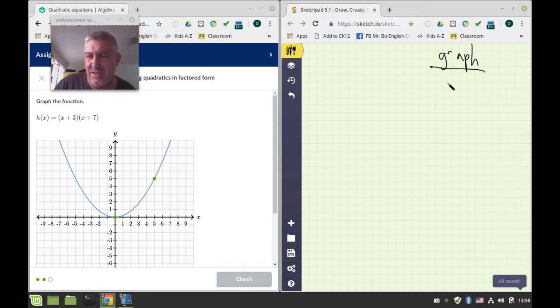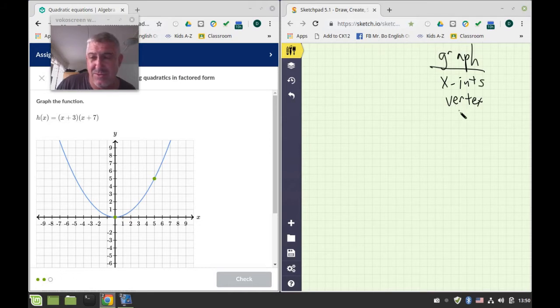I need some things. I really need 3 points: the x-intercepts, and the vertex. If I have those 3 points, then I can sketch what the parabola is going to look like. So we need to find the x-intercepts, and then we need to find the vertex.